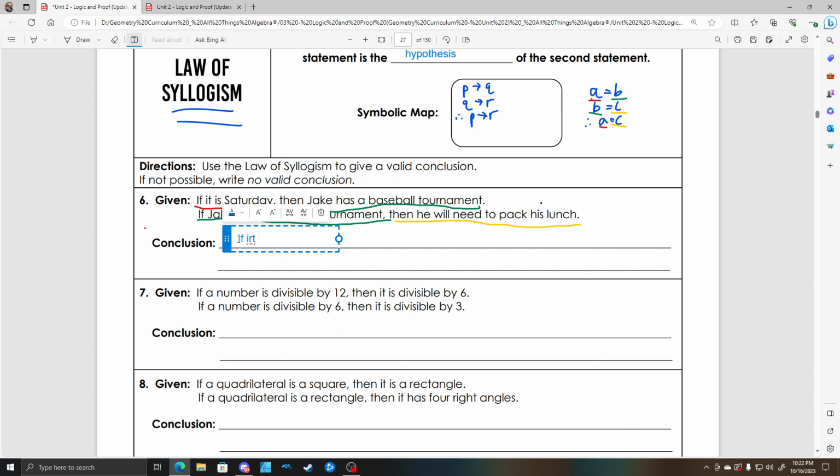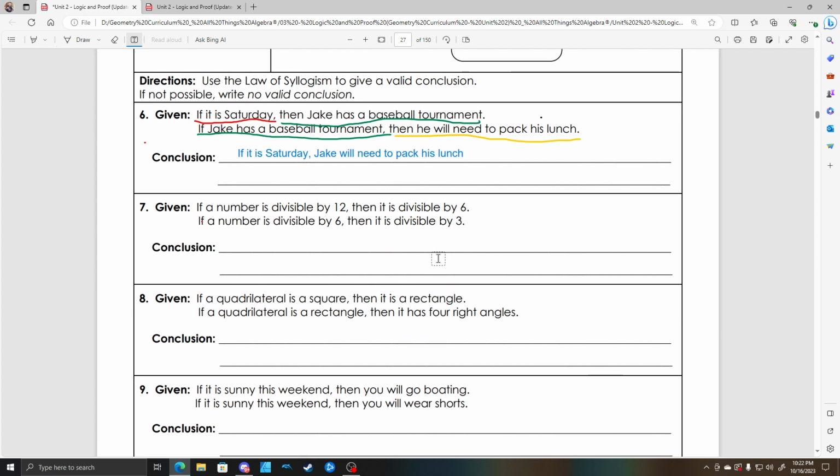If it is Saturday, Jake will need to pack his lunch. All right, and that makes sense. There's our red part of our sentence, there's our yellow, and like I said, it follows the pattern from up here. All right, so let's do number 7.